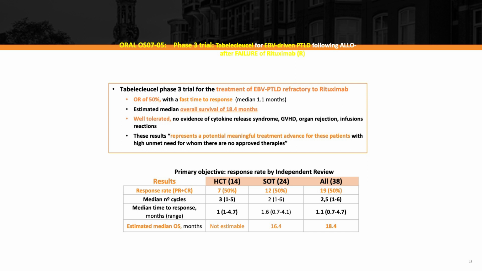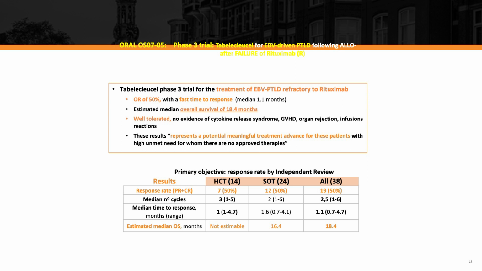So in conclusion, I think this is one of the most interesting presentations that we had in the last EBMT meeting. This phase 3 data for the treatment of EBV PTLD refractory to rituximab shows a high rate of response, 50%, with a fast time to response, 1.1 months. This is very important. And the most important finding was that the overall survival was quite long, 8 months.